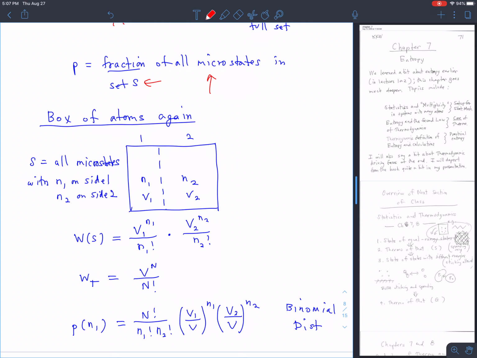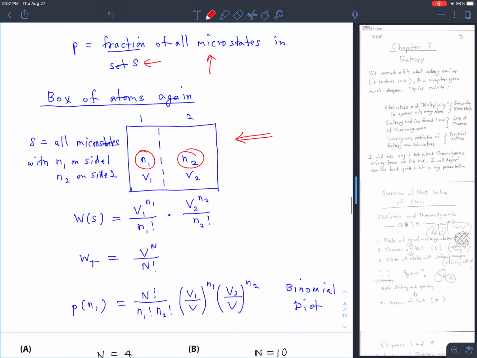In the case that we started out thinking about, where we're dividing our box into two pieces, 1 and 2, and we're asking how many molecules are there on one side, how many are there on the other side, then the set that we're interested in is the set of all microstates that has exactly N1 molecules on this side.